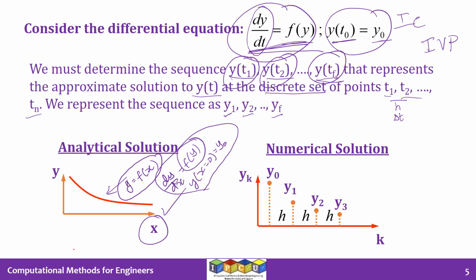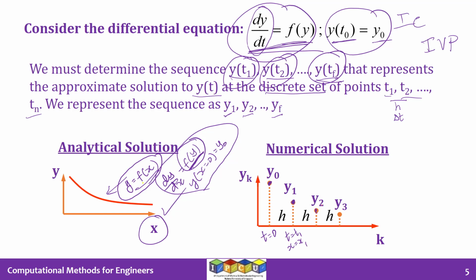With the numerical solution, where this f(y) is the hard one, we would not be able to get y as an equation in x. As mentioned earlier, we would invoke the idea of finite differences and solve the problem for values of y at different time points. And we can represent the solution as a sequence of dots. So the numerical solution will just produce this value at t equal to t0 or at x equal to x0, and then it will produce this value of y that stands for t equal to t1, or let's say x equal to x1, and so on.